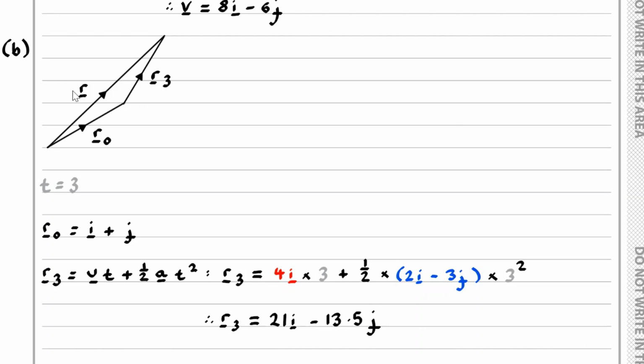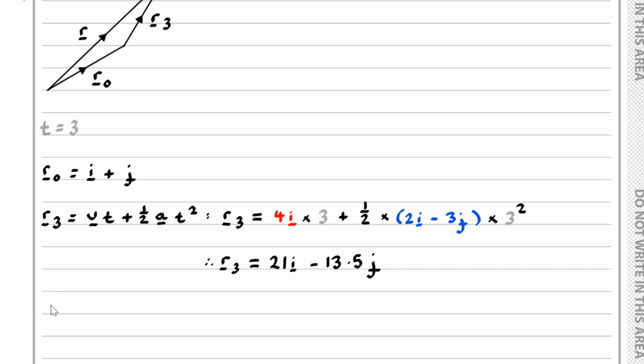What we need to do is find out what r is. So r is equal to r0 plus r3, and so therefore if we work out what r is equal to, r0, which is i plus j, and then we will add on to this r3, which is 21i minus 13.5j.